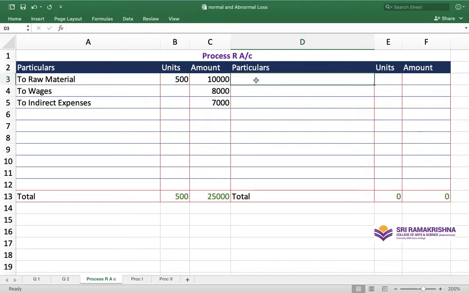So there was an expected normal loss of 5%. Total input was 500 units, and out of that 5% is 25 units, and this will be sold in the market at the rate of rupees 31 per unit.